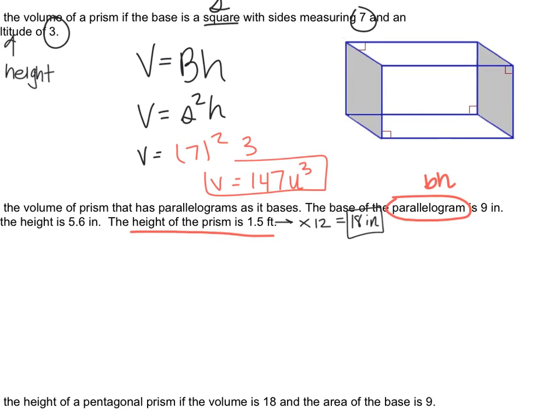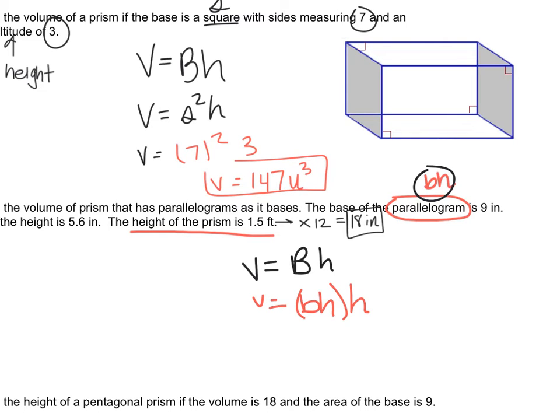So now we know that volume is equal to area of the base times the height, or big B, little h. Volume equals big B, little h. We know the area of a parallelogram is base times height. So volume equals base times height times your height.